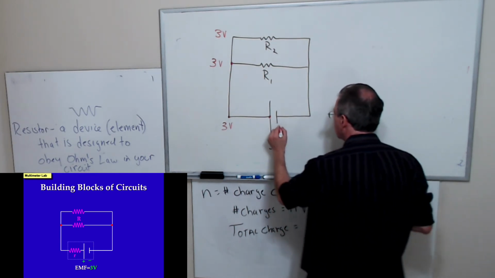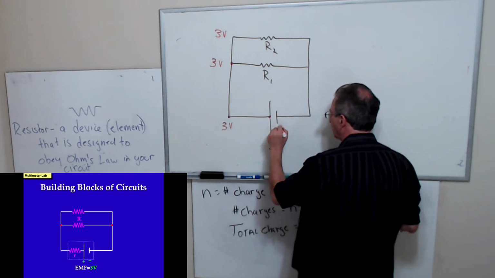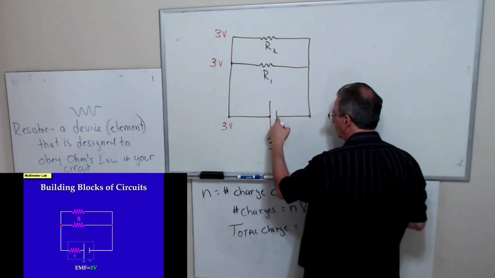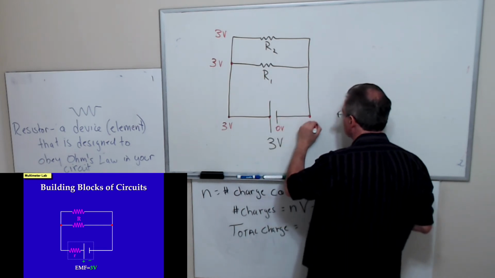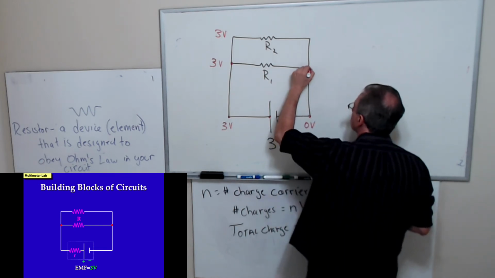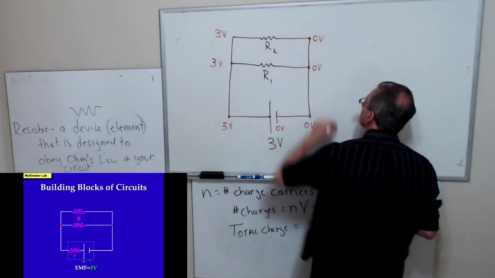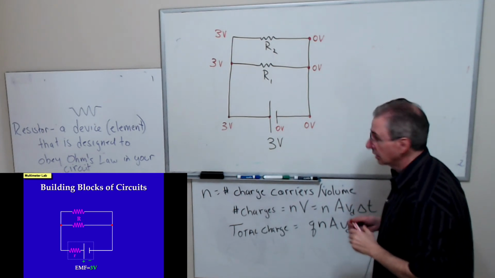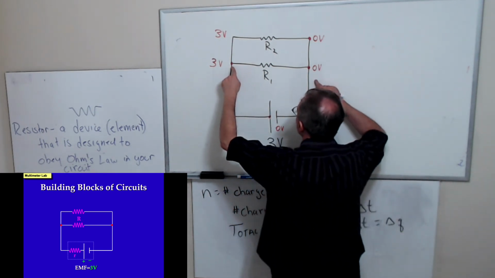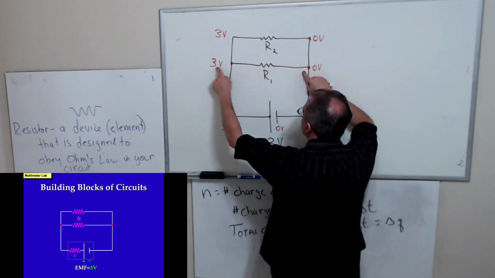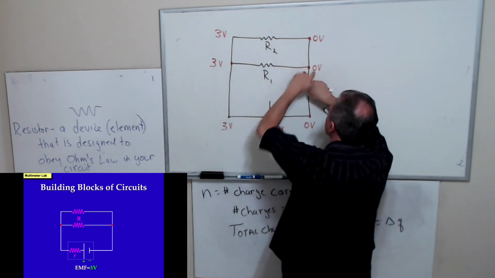And on this side, let's say I reference this side to ground, to 0 volts. Then because I connect the wire from here to here, this will be at 0 volts. I connect this wire here, this will be at 0 volts. And then this wire here at 0 volts. So across the resistor, the potential difference, the voltage drops from 3 to 0.